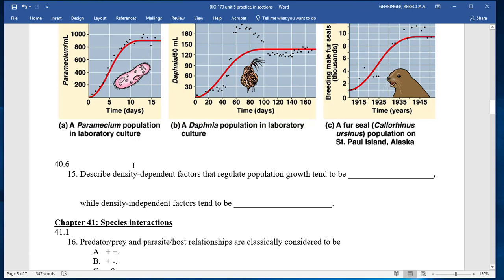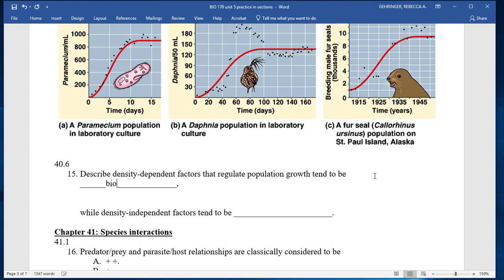Density-dependent factors that regulate population growth tend to be blank, while density-independent factors tend to be blank. On a test, I would not just have it be a blank that you have to fill in, but it kind of keeps us alert here if we have to add some blanks in. So density-dependent factors tend to be biotic, right?